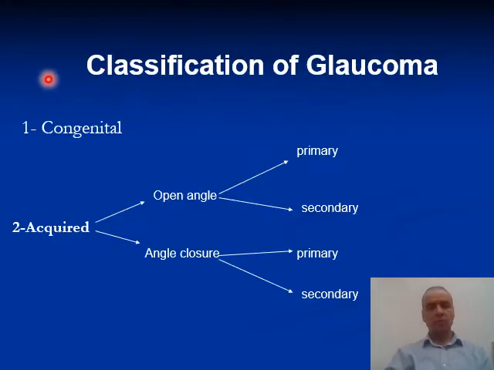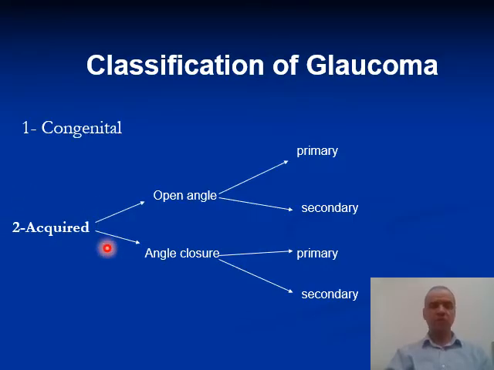Glaucoma can be congenital, which presents just after birth up to 16 years of life, and we have only one type of this glaucoma, which is usually angle closure glaucoma, because there is dysgenesis of the angle of the anterior chamber. Or it can be acquired glaucoma, and the most common time for presentation of this type is usually after age of 40.